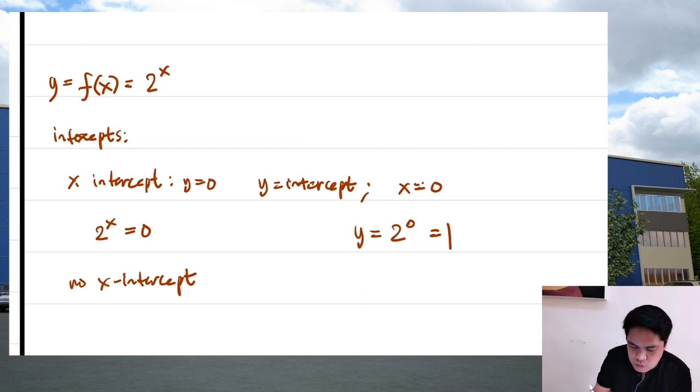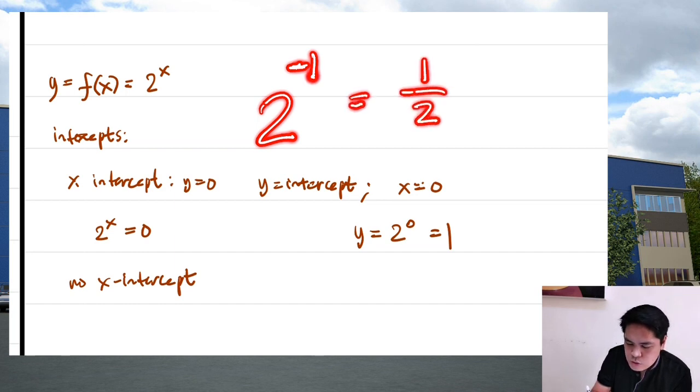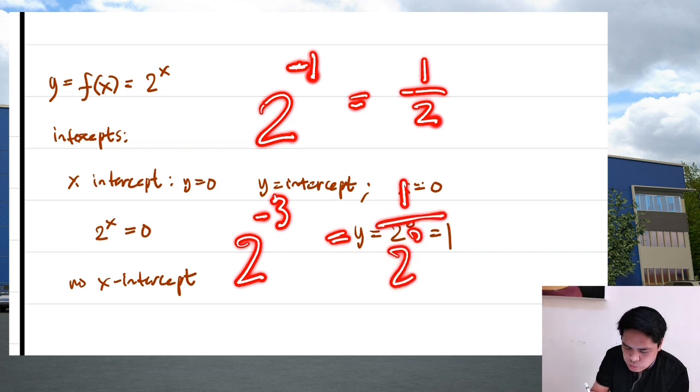Ako din yung sasagot. So, if we have 2 raised to, let's say, negative 1, if you recall the properties of exponent, pag negative yung exponent natin, naging reciprocal. So, naging 1/2 na siya. Diba? How about kung 2 raised to negative 3. That would become 1 over 2 cubed. So that's 1/8. Diba?